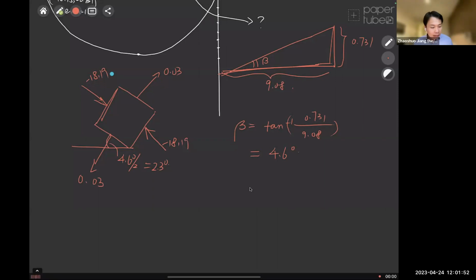Now with that said, that is the example that I would like to use to help you connect all the knowledge from the beginning. Given a beam, how to find the reaction force, how to draw a shear moment diagram. After you draw the shear moment diagram, how to identify the stresses at the point of interest, and draw that small cube with the stresses at the point of interest.